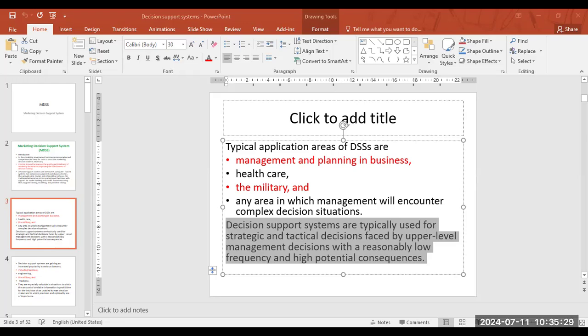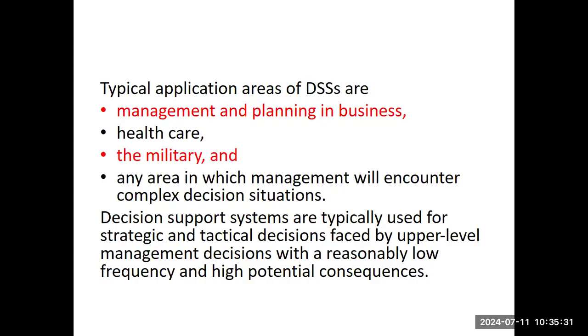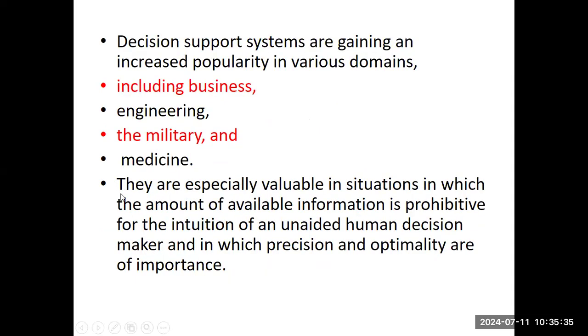Upper level management decisions come with reasonable frequency and high potential consequences. So then decision support systems are gaining increased popularity in various domains, not only business, including engineering, military, medicine.